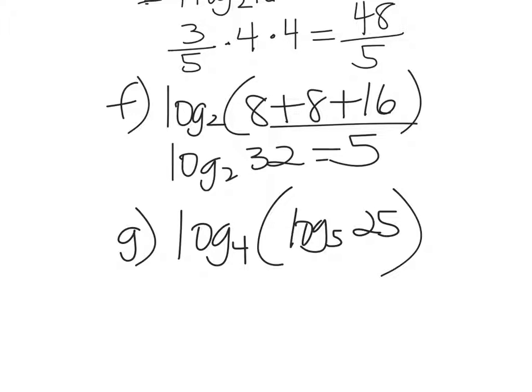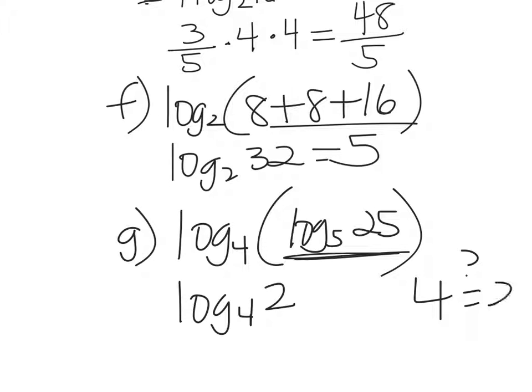Even though we have logs in here, that's okay. So what is log base 5 of 25? 2. Okay, and then we just talked about this one a minute ago. 4 to the what gives me 2? 1/2. Yes. The square root of 4. Cube root is 1/3. 5th root is 1/5, so on and so on. All right, so that's evaluating. You're going to have some of those in your homework this evening.